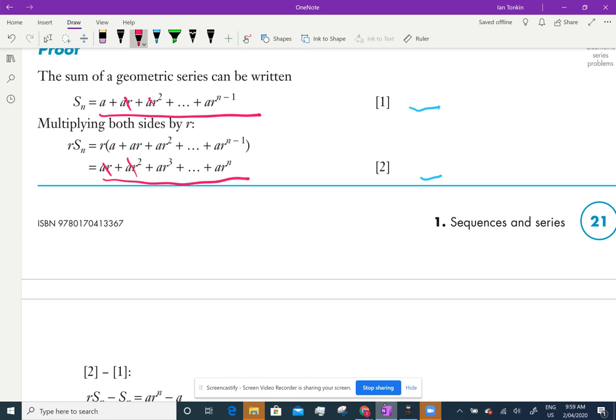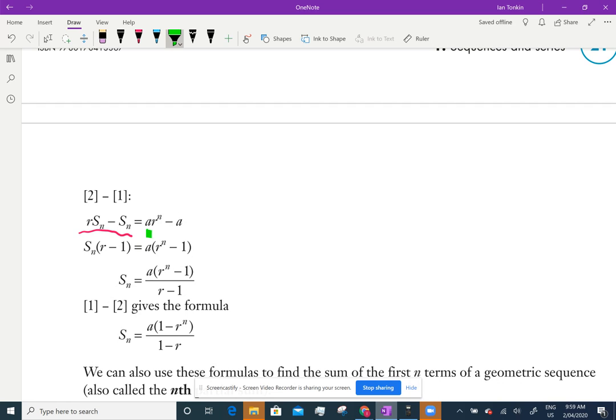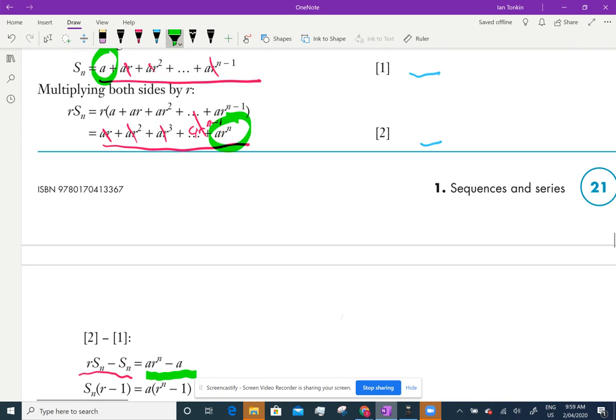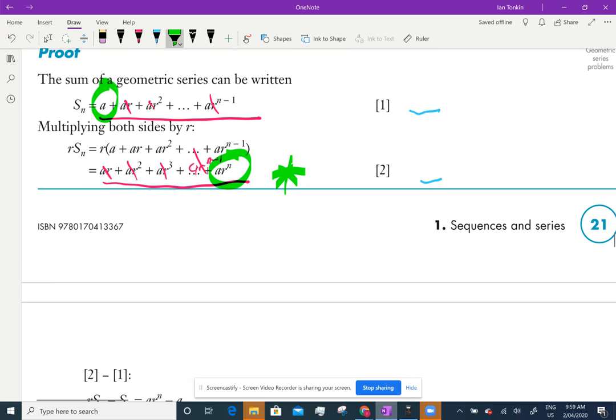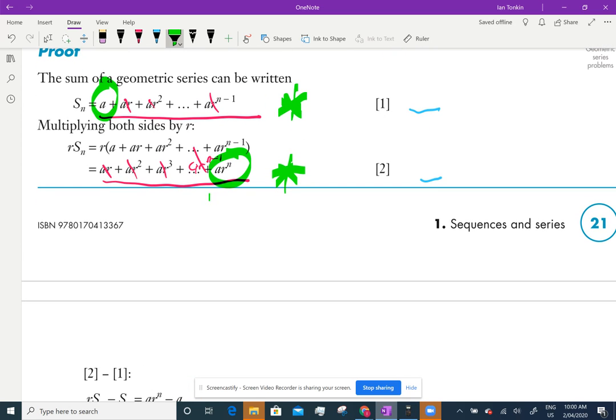That goes with that. That goes with that. And here you'd have another term, a r to the n minus 1, and that goes with that. So the only two terms you're left with are this one and this one. And remember, you're subtracting this one from this one, so it becomes this minus this.